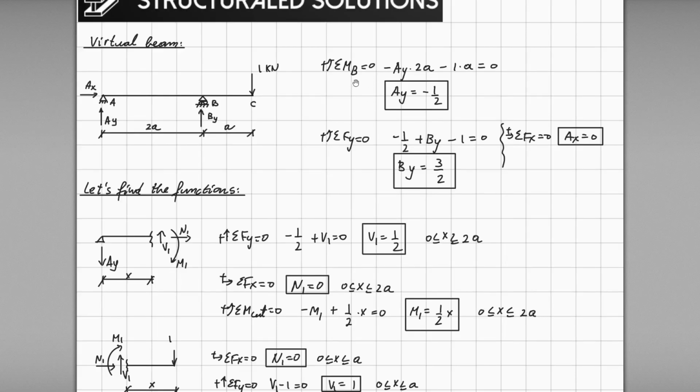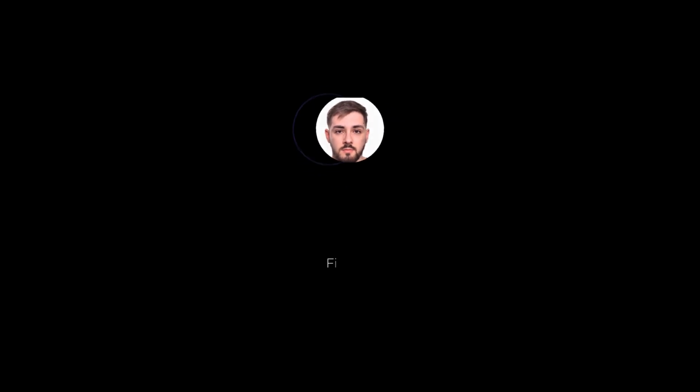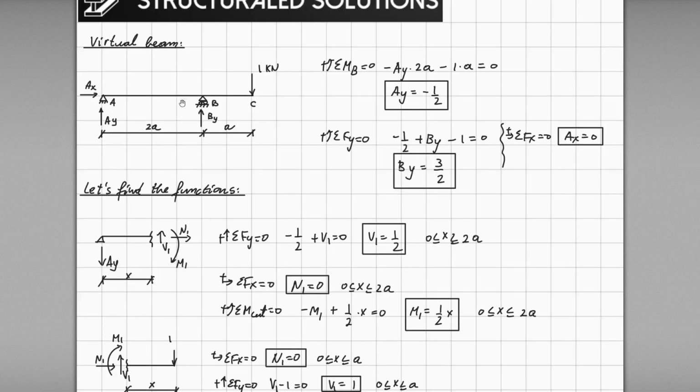Again we take the sum of bending moments at point B to determine the reaction AY for the virtual beam, of course. Then we do the sum of forces on Y to determine the value of BY as shown here, and the horizontal support reaction is going to be 0 as there is no horizontal load acting on the beam itself.